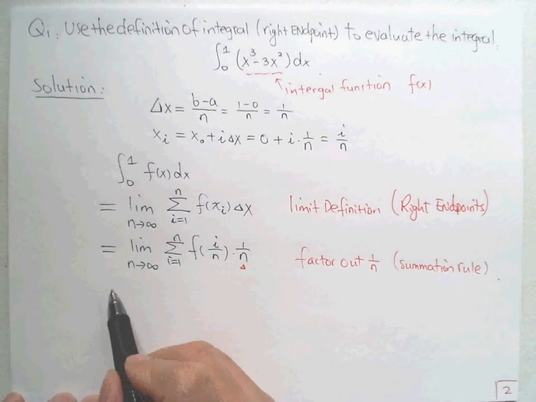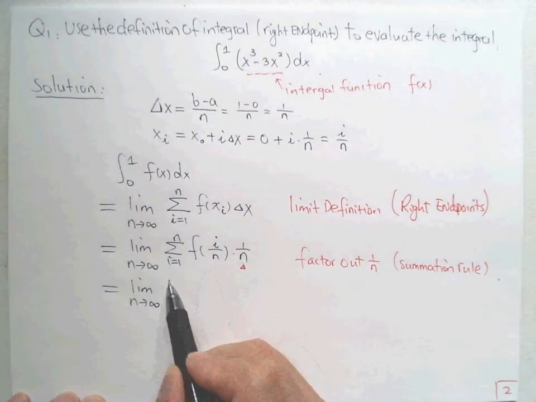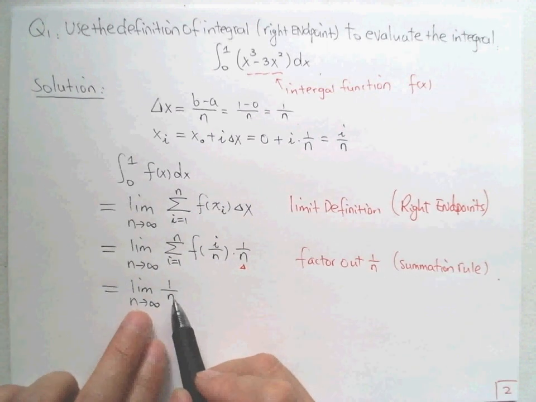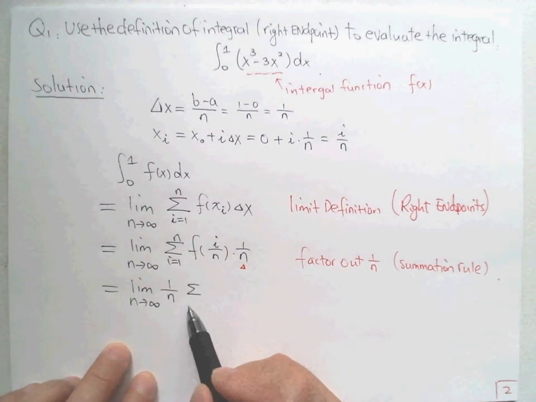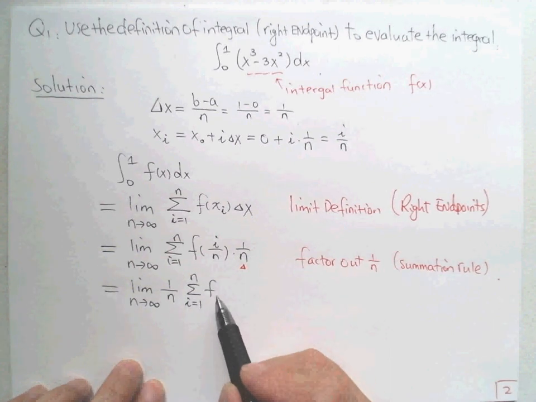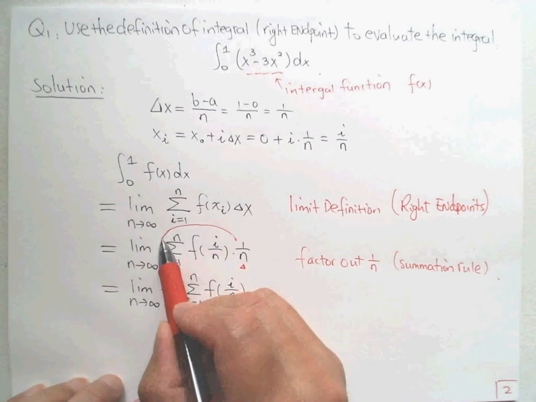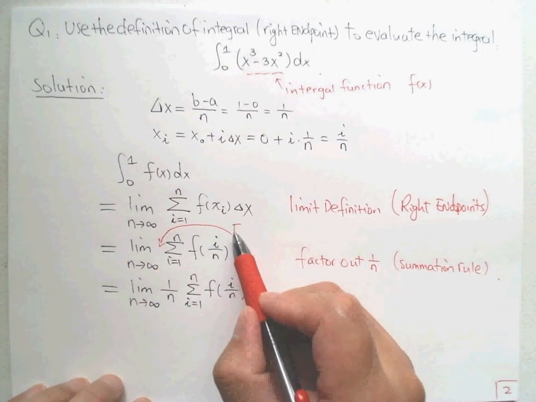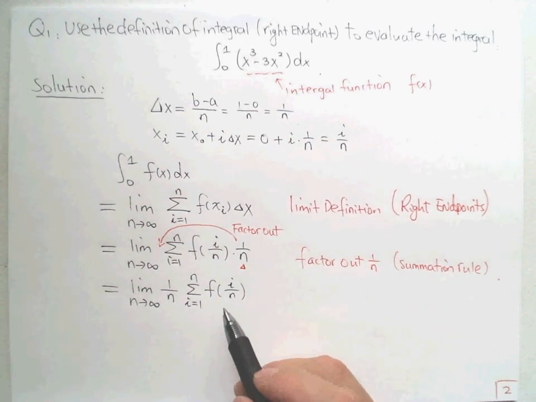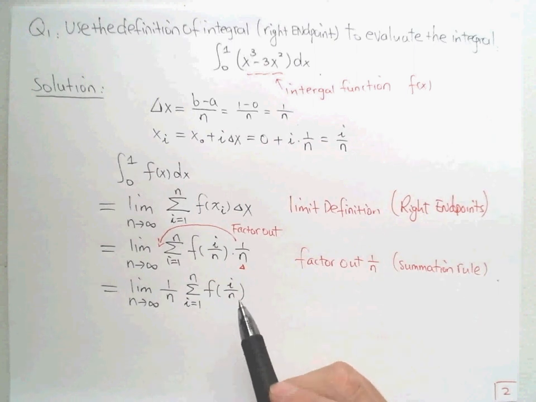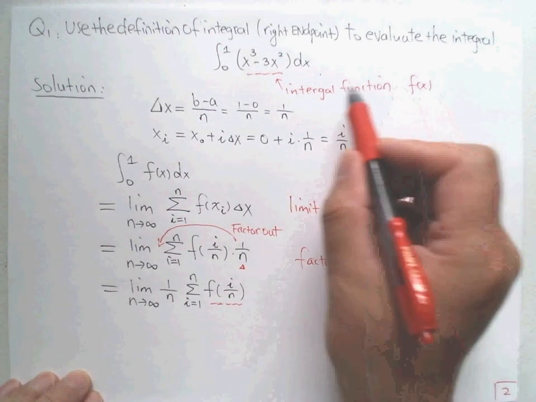Then what do we have? The limit as n approaches infinity of 1 over n. Since 1 over n depends on the limit variable n, you cannot take it outside the limit, but you can put it in front of the sum: the sum from i equals 1 to n of f(i over n). Now we need to input the function, the integral function.